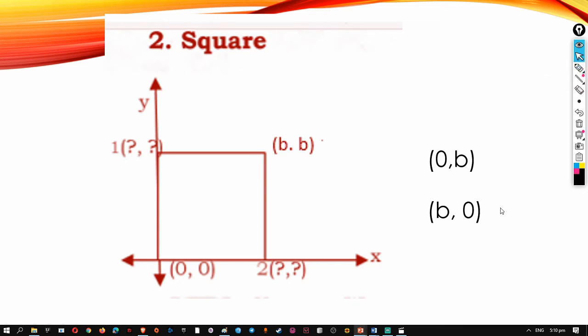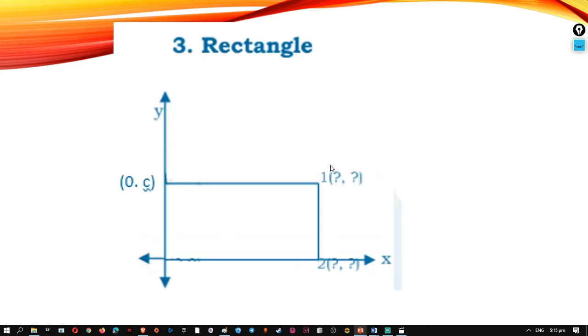Let's have example number 3, a rectangle. Dalawa ulit ang hinahanap. Number 1, ano ito? Tapos, ano ang number 2? Magda-drawing ulit tayo para mas maintindihan.